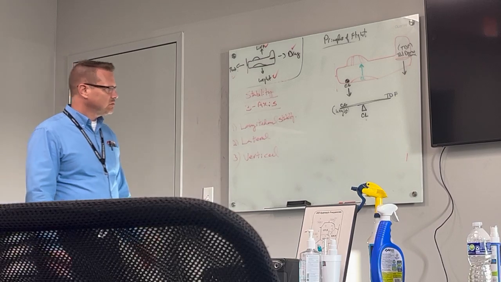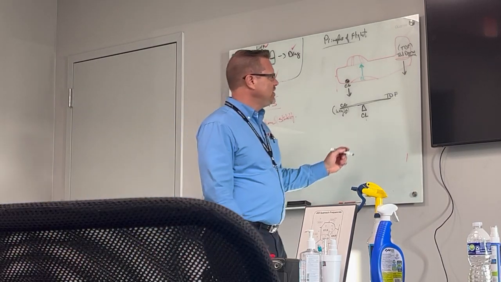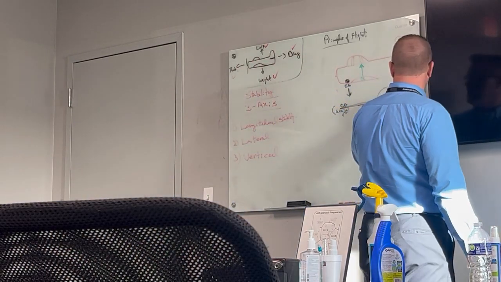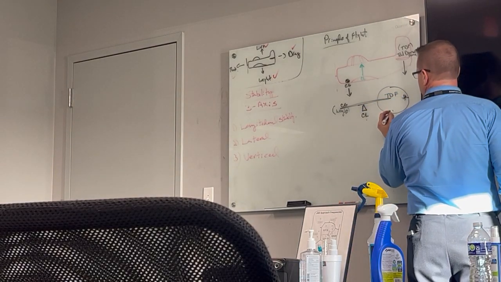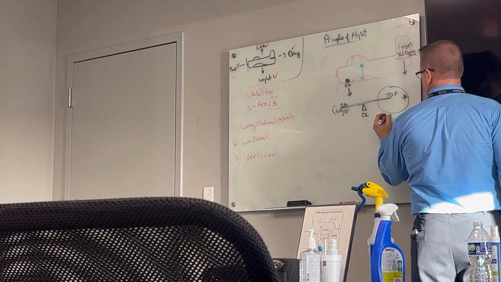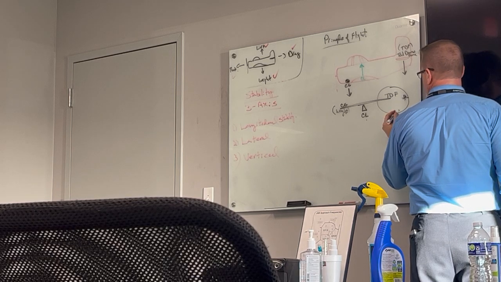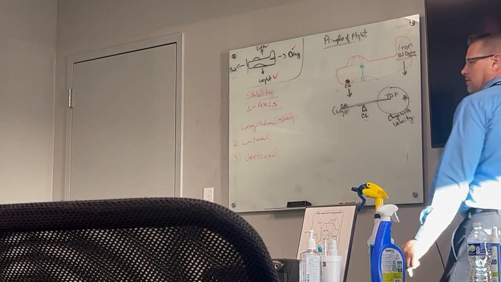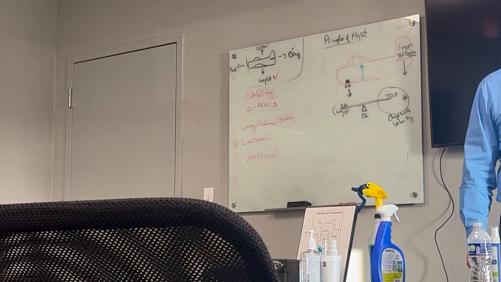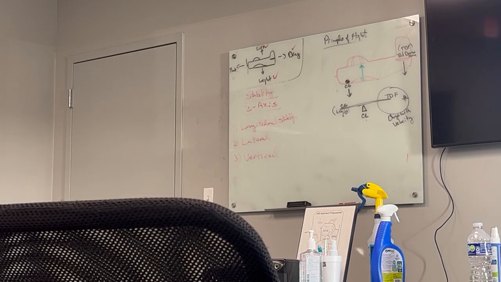So the thing that changes here is the tail down force. This changes with velocity, just like the wing. Increase velocity, increase lift; decrease velocity, decrease lift.